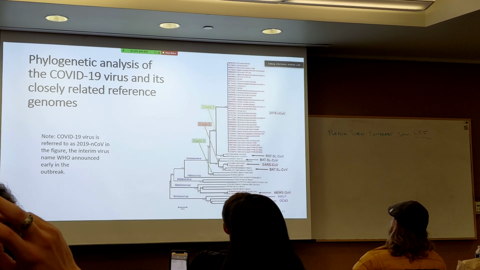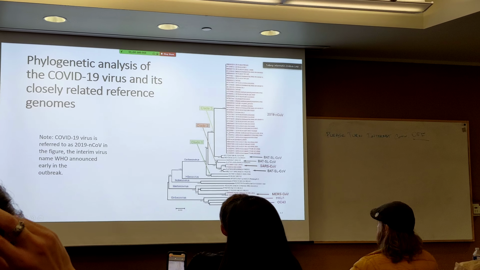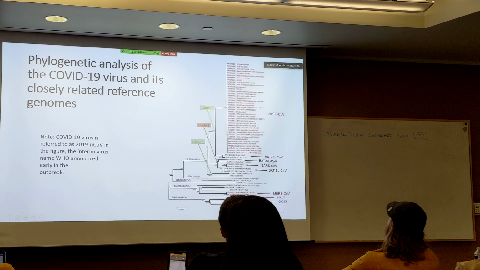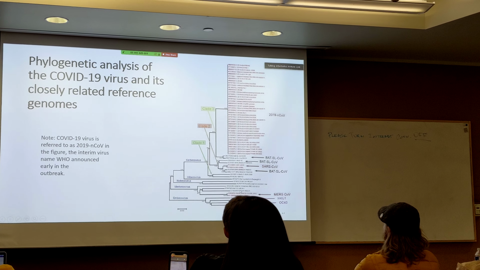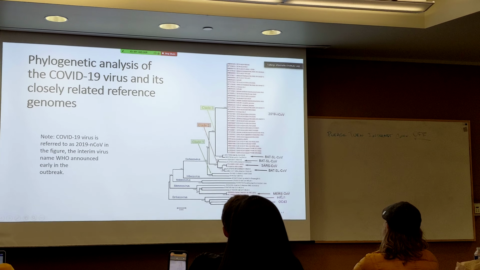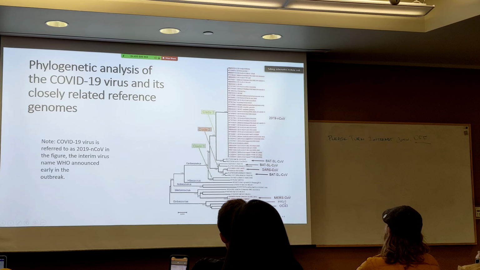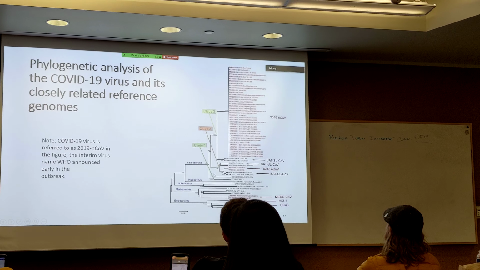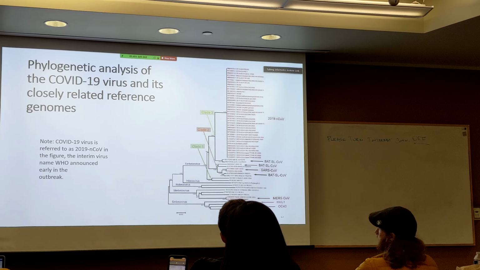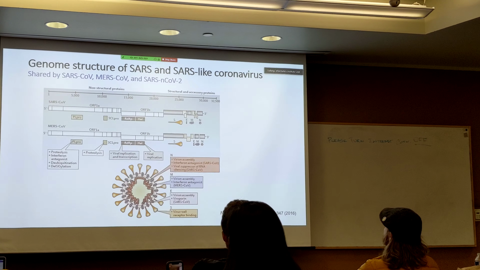The closer the species are, the closer they are supposed to be nested to each other. And then farther away are the MERS and the Asian flu, and so on. So by now you should get a sense that this is indeed a new beta coronavirus.